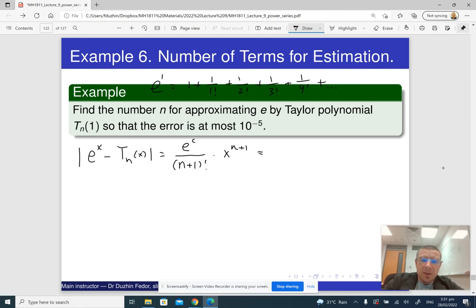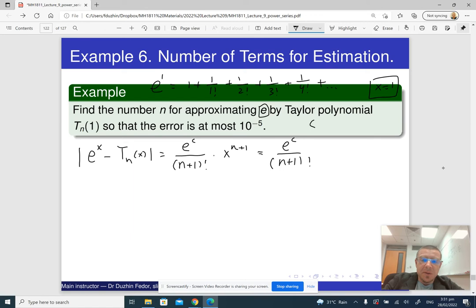In our case, x is just 1, because we are approximating e, which is e to the 1. So this is really e to the c divided by n plus 1 factorial.